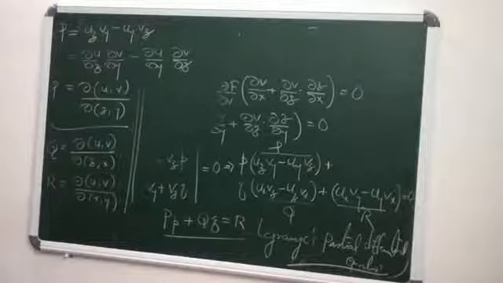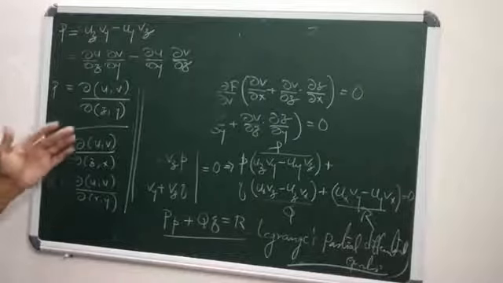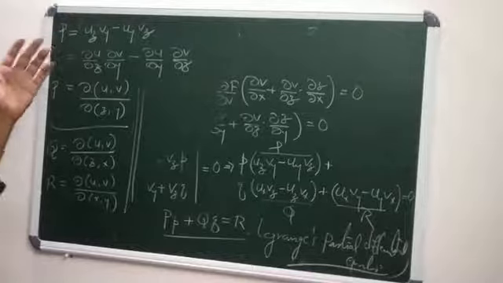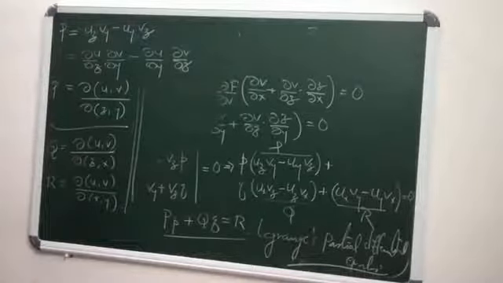So you will remember Lagrange's partial differential equation, which comes from f of u, v equals 0, where u is u(x,y,z), v is v(x,y,z), x and y are independent variables, and z is a dependent variable. After taking the partial derivative of f with respect to x and y, you can eliminate del f by del u and del f by del v.